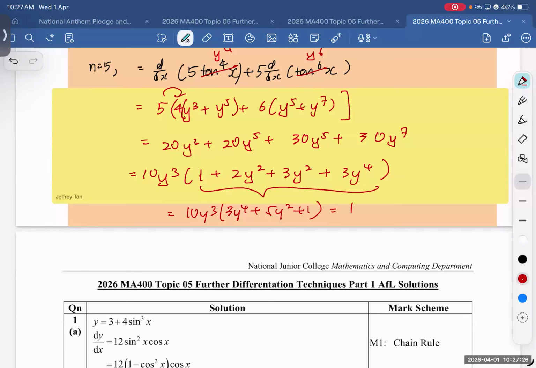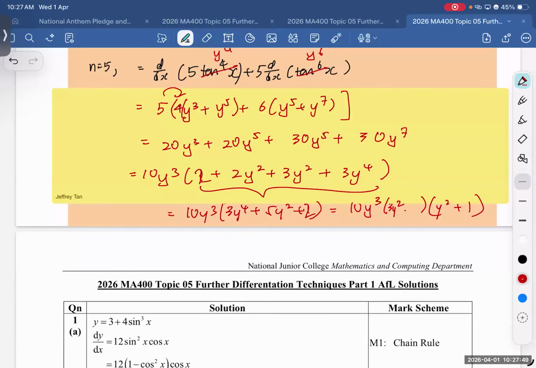What will this give me? This will give me 10y cubed. 1 plus, I think you can split it this way: 3y squared and y squared. 1, see 1 and 1? Wait, let me think. Oh, 2. This is 2, sorry.